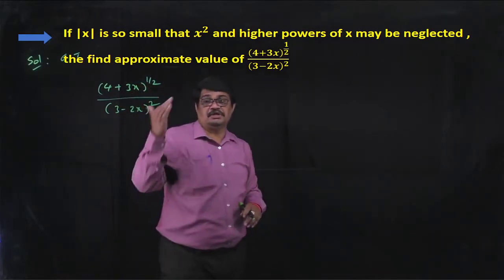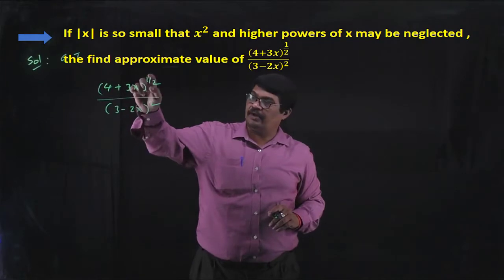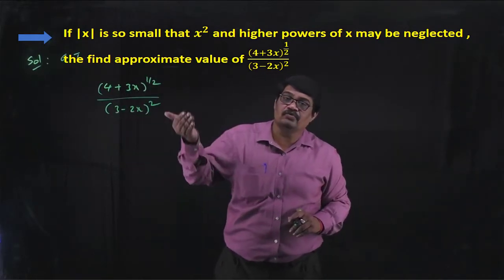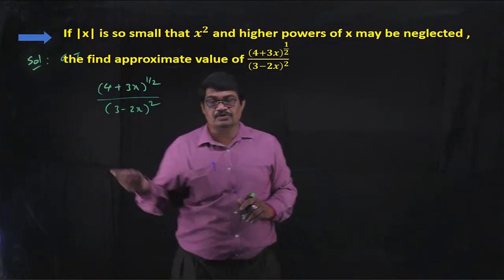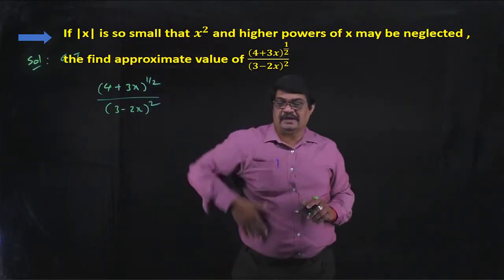So this is the given expression. Now we have to find the approximate value. Here x square and higher powers are neglected.